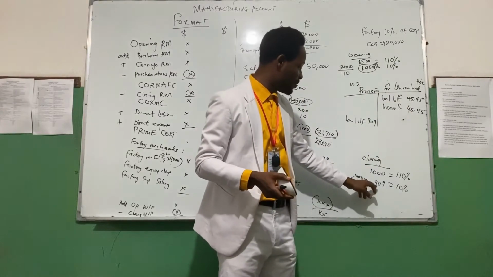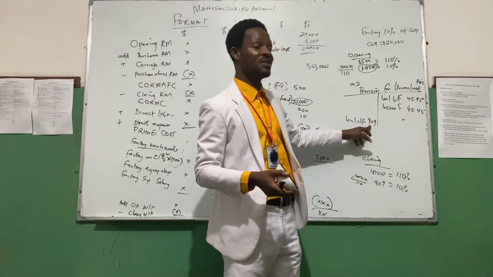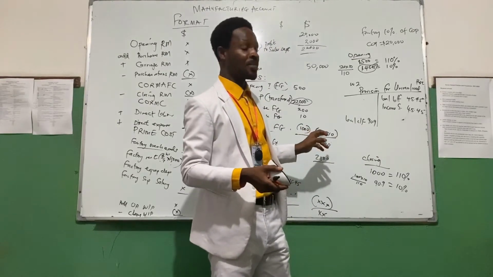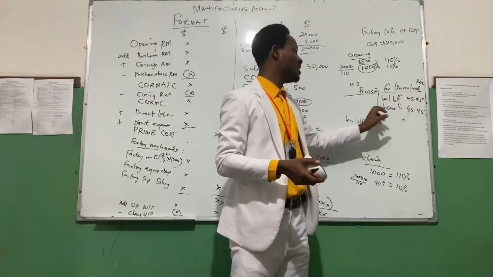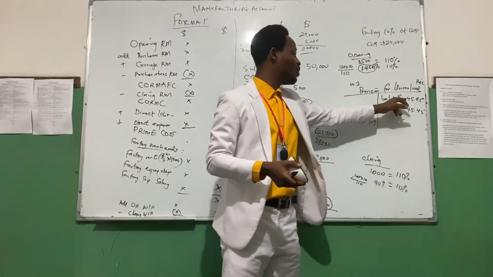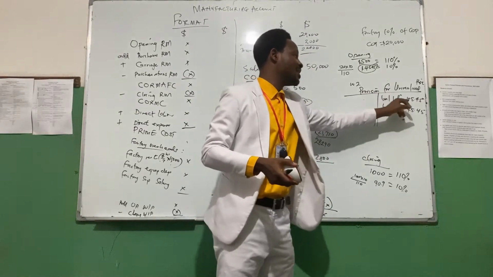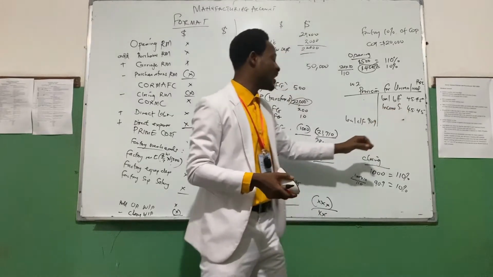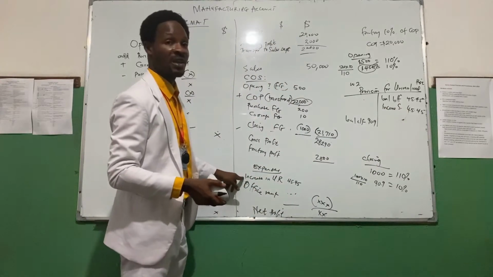So opening unrealized profit goes here from opening finished goods. Closing unrealized profit goes to the left side from the closing finished goods calculation. The difference between the two is charged to the income statement. If there was an increase, like in this case, it was 45 opening, it increased to 90. That increase in unrealized profit is an expense in the income statement.